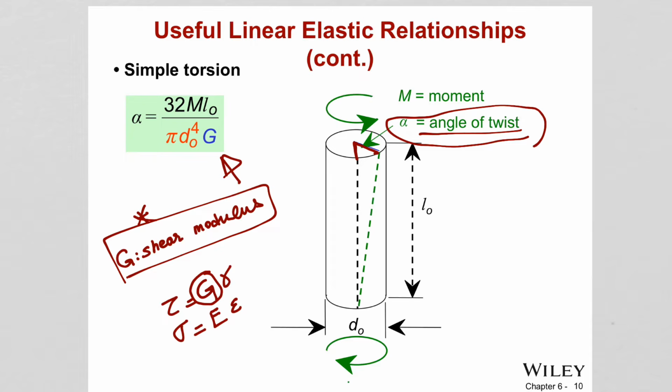So that's why we symbolize it with G. Okay, so G is important. And of course, this is again a linear relationship explaining elastic deformation under torsion, and the relationship between the shear strain and shear stress.